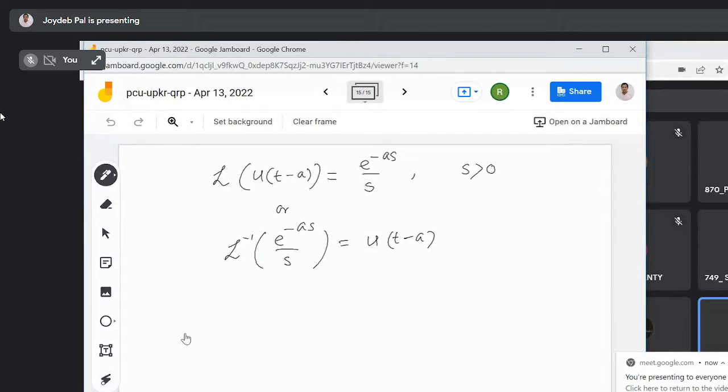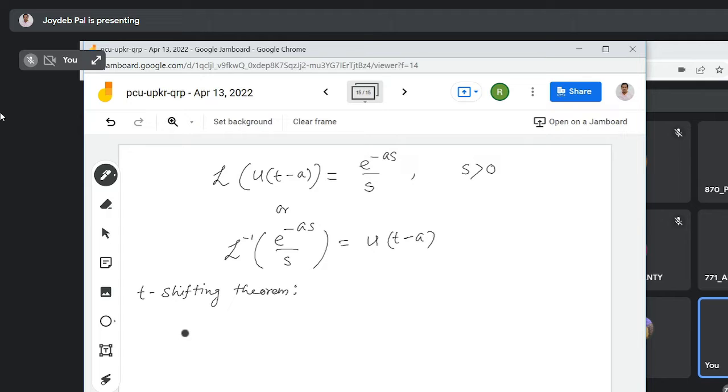Yes, sir. The T-shifting theorem, T-shifting property, is also called the second shifting theorem. Fine. So directly I am coming to the formula.